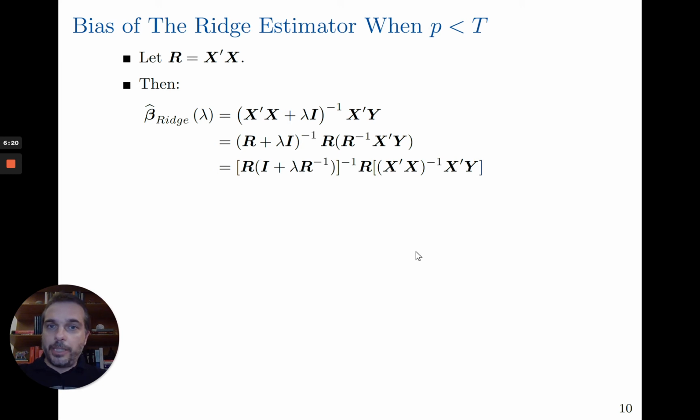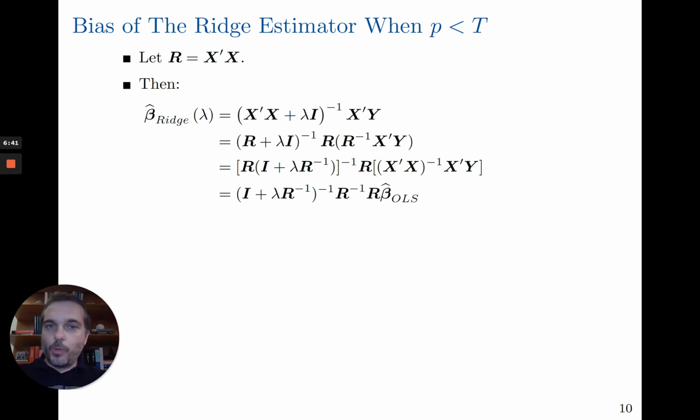Keep this R minus 1 here; let's go back to the original notation, (x prime x) minus 1. Okay? So the only thing I did here is to put this in evidence, in front of the parentheses.